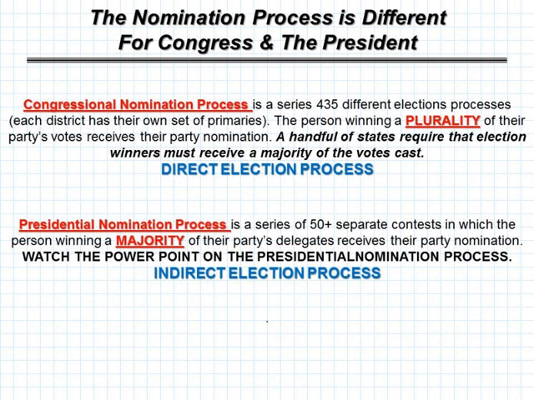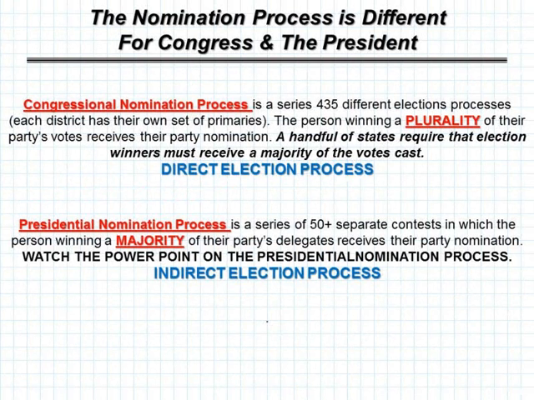And then after each of the 50 states have completed their nomination process, then people from each of those states go to the Republican National Convention or the Democratic National Convention, and those people vote for who they want their party's nominee to be. It's more of an indirect election. It's much more complicated. And we're going to spend more time. You're going to watch a video in this chapter that talks strictly about the presidential nomination process.